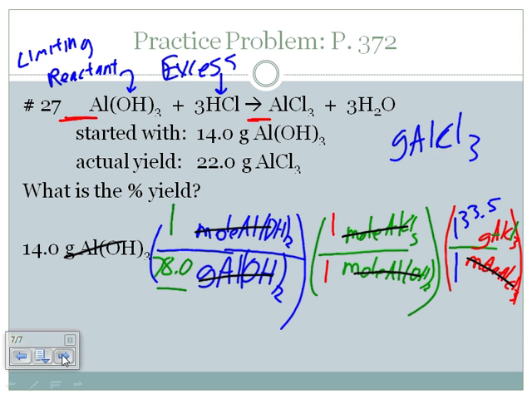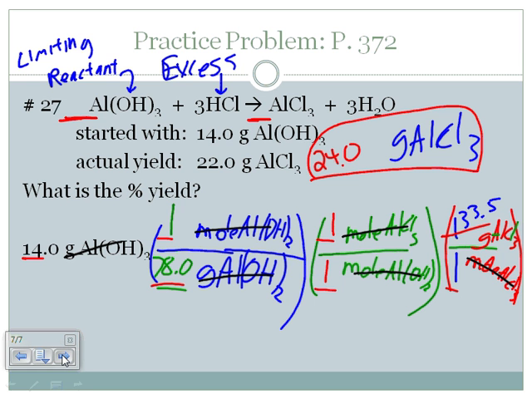And how we will get that is take our 14 times 1 times 1 times 133.5 divided by 78.0 divided by 1 divided by 1. When we do that entire calculation, we get 24.0 grams of aluminum chloride. So that's going to be our theoretical yield.